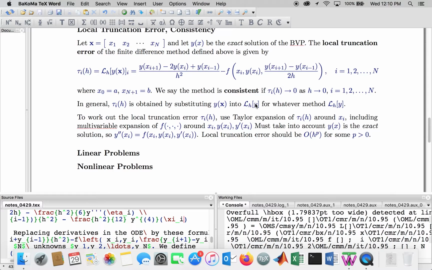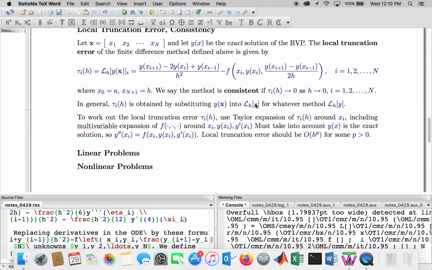So that's all I have to say about local truncation error. There is a notion of stability for finite difference methods also, which is similar to that for initial value problems. I'm not really going to get into it here just because there's no homework problem on it. It's actually quite difficult to analyze compared to initial value problems. There's a lot more mathematical machinery involved with it.